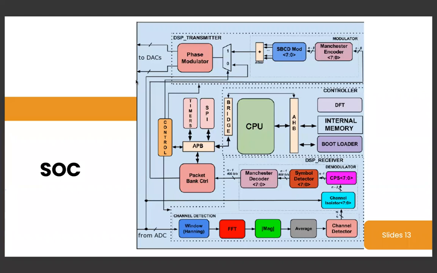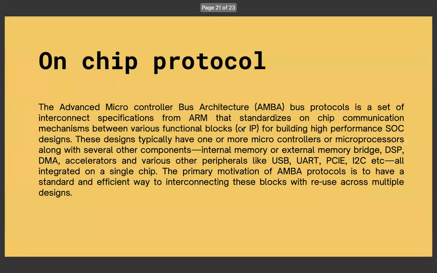Like what I'm speaking is an analog signal, and that gets converted to a digital signal using various analog blocks, and then you apply different DSP filters on top of that so that you hear and process things in a much clearer fashion. And other things like on-chip protocols are present.